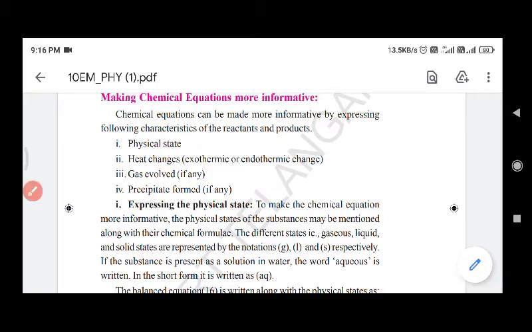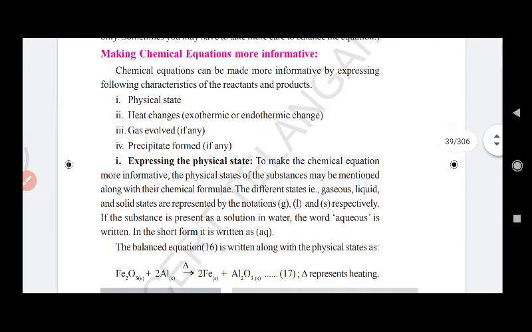The first one is we have to express the physical state. To make the chemical equation more informative, the physical state of the substance may be mentioned along with the reactants' and products' chemical formulas. We have the states of matter: solid state, liquid state, gaseous state. If the substance is a solid, we write S within brackets beside the formula of the compound.